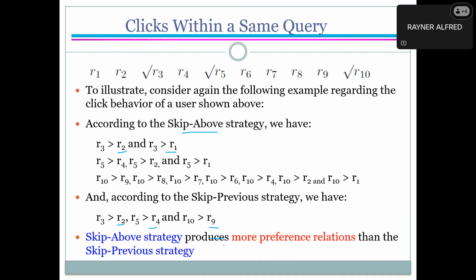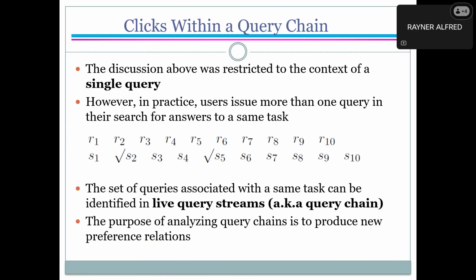So this is for the simple case. We also have what we call a query chain, in which we put up a query but we didn't click anything, and then we modify the query. The second query gives us this list, but we click the second and the fifth.